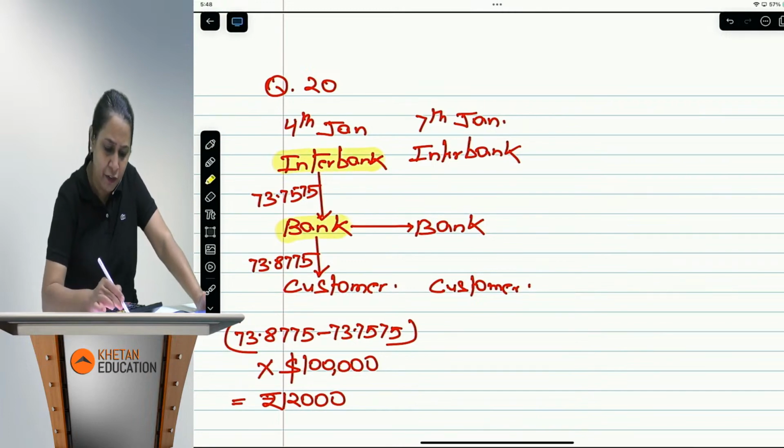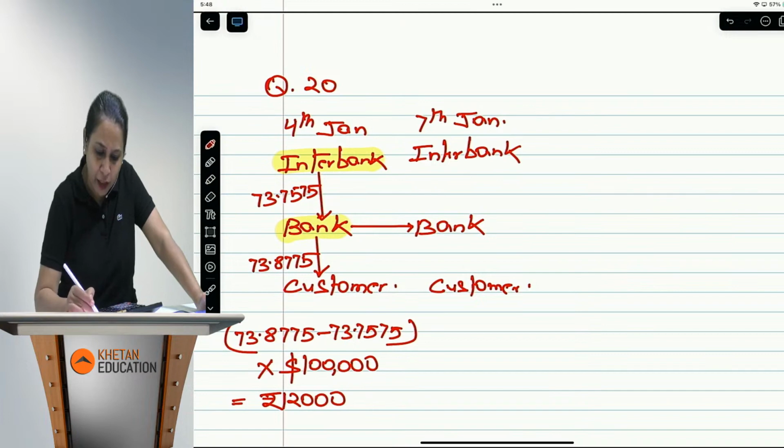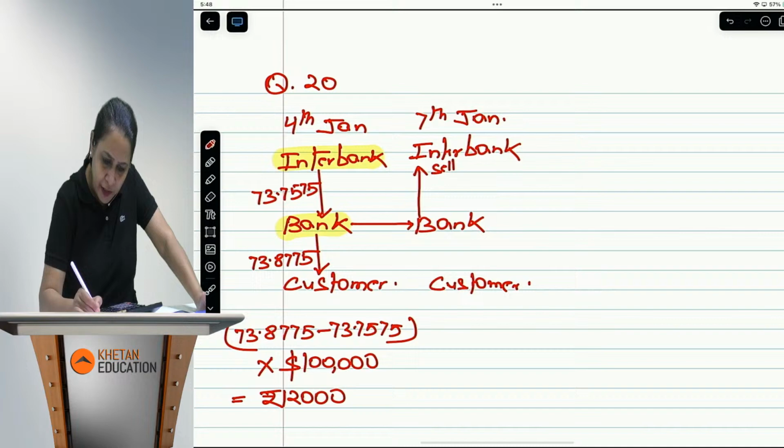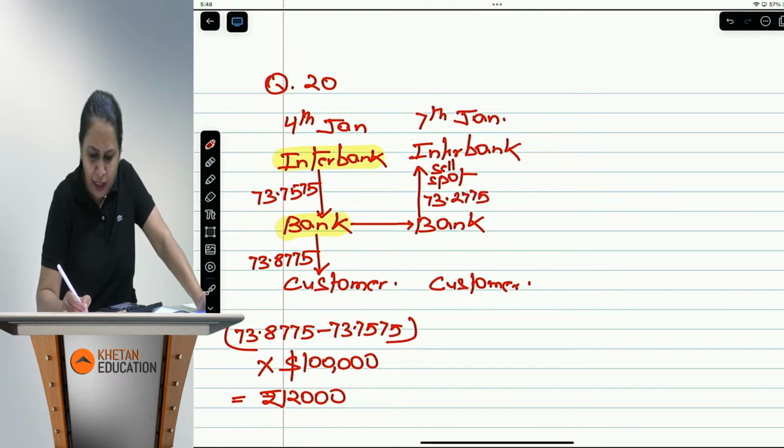It will take the delivery from the interbank market and sell in the market at the sell spot rate, and the rate applicable would be 73.2775. But at the same time, the bank is also scared.